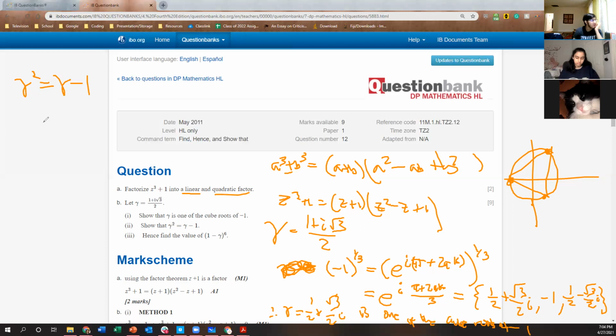If I square gamma, let's multiply both sides by gamma. Yeah, let's do that. I think that's how I would do this. I would start with left-hand side equals gamma squared. If I multiply that by gamma, well, I can't just multiply by gamma. That doesn't work.